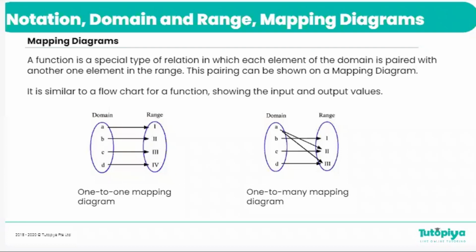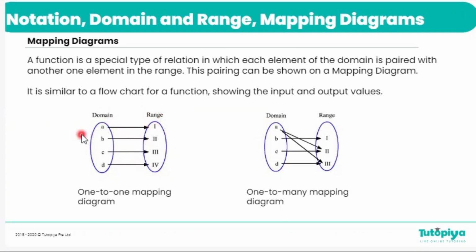When we deal with functions, something else that we would notice quite frequently is mapping diagrams. Mapping diagrams are similar to flowcharts for functions, and this helps to show input and output variables in a diagram format. The inputs for which our function has defined outputs are the domain, like mentioned before, and the range is the set of all possible outputs.